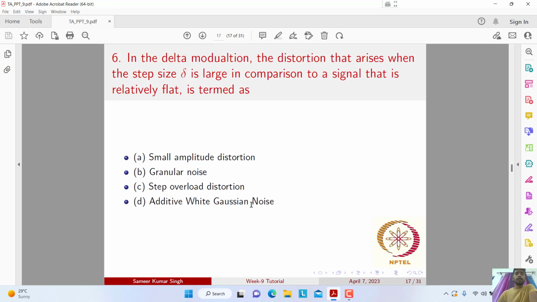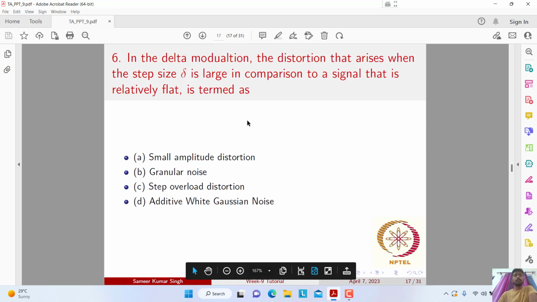Take your time and just answer which type of distortion it is.